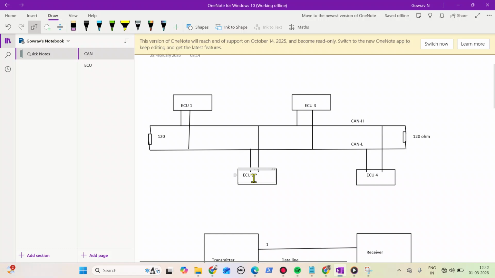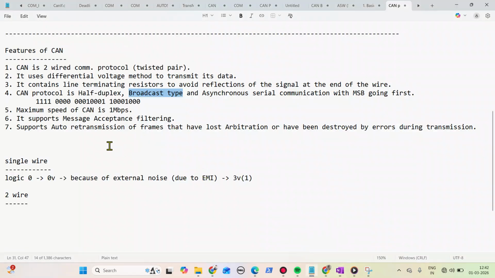Means for the first time it transmitted and lost in arbitration. So the next time the bus is idle, ECU2 will start to transmit its data, automatically. Our CAN protocol is designed in such a way that if anyone loses in arbitration, then the next time they will again try to transmit.